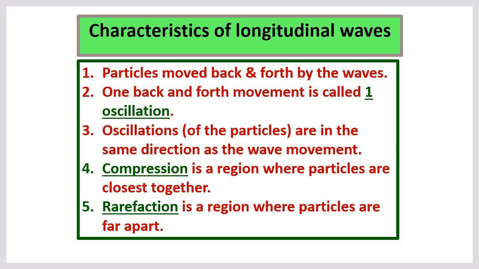One back and forth movement is called one oscillation. Oscillations of the particles will be in the same direction as the wave movement for a longitudinal wave. And this will create a region of compression where particles are close together, and a region of rarefaction where the particles are far apart.